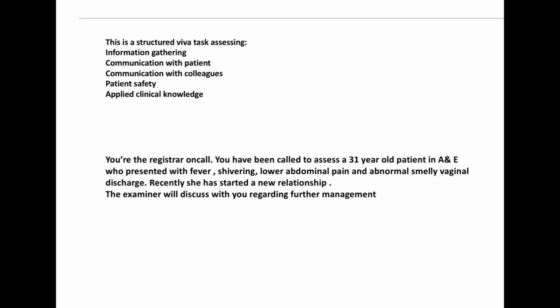It's very, very important because sometimes this patient may, as a complication of early pregnancy, maybe have septic abortion, or she may have ectopic pregnancy and she has a fever for another reason. So we need to know when was her last menstrual period and whether she's on any reliable contraception.